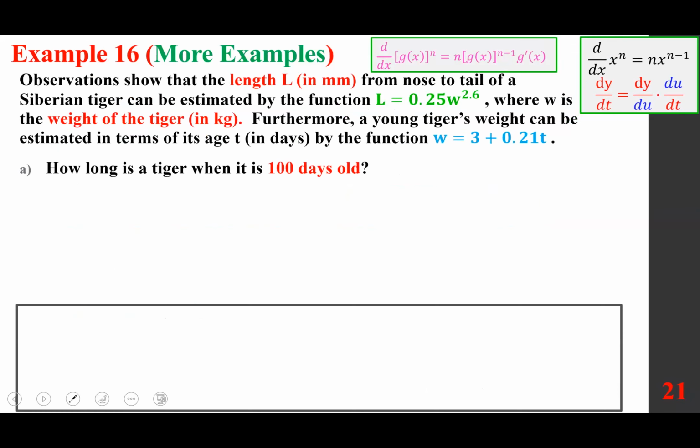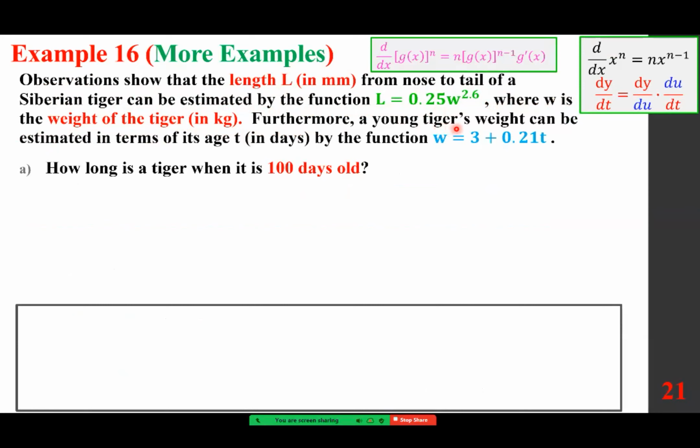Let me remind you of one of the examples we did again for the sake of Leibniz's notation in essence. Example 16. Observations show that the length L in millimeters from nose to tail of a Siberian tiger can be estimated by the function L equals 0.25 W to the power of 2.6, where W is the weight of the tiger in kilograms.